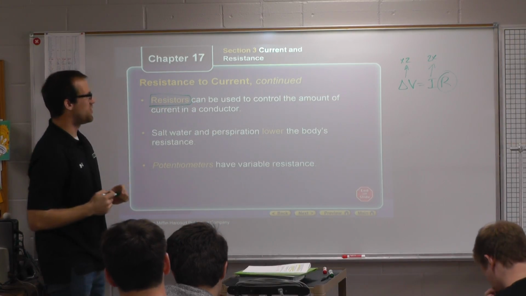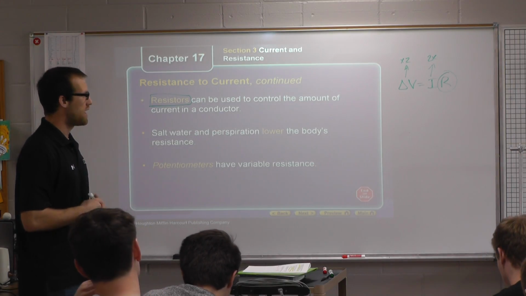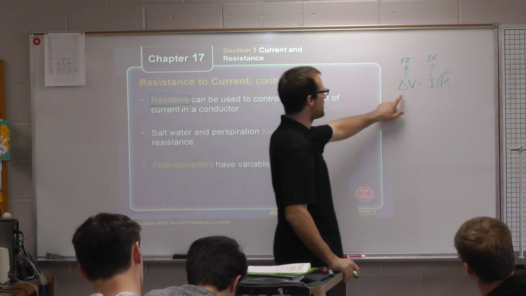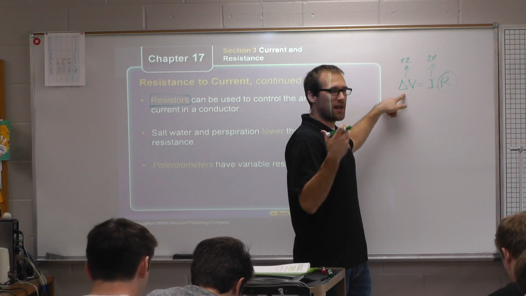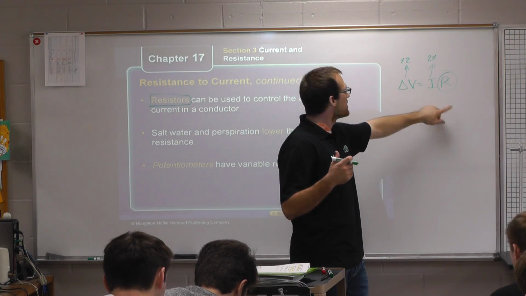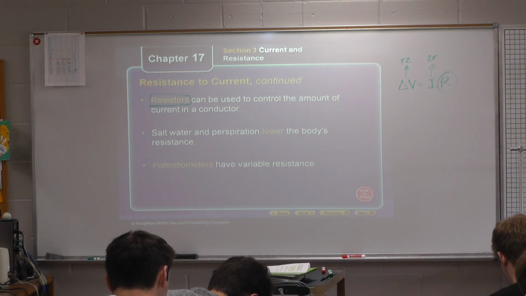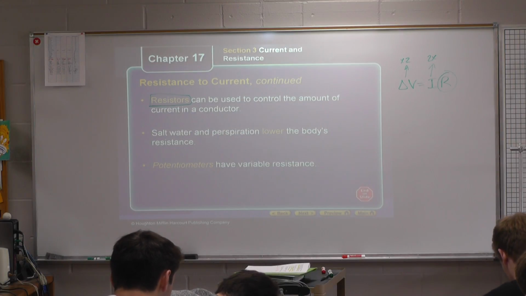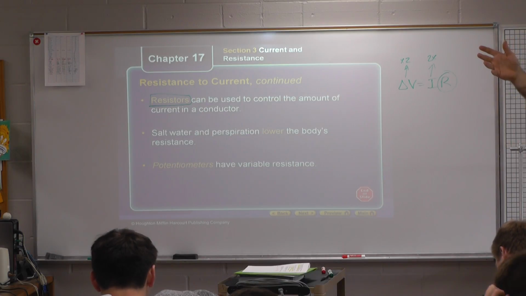Potentiometers. Resistors can be used to control the amount of current within a conductor. Now, could you change the current by changing the voltage? You absolutely could. Here's why we use resistors: a power plant gives you a steady amount of potential difference coming into your house. I don't know if you guys have ever seen your electrical junction boxes in your house, where you push the buttons and it turns things on or off.